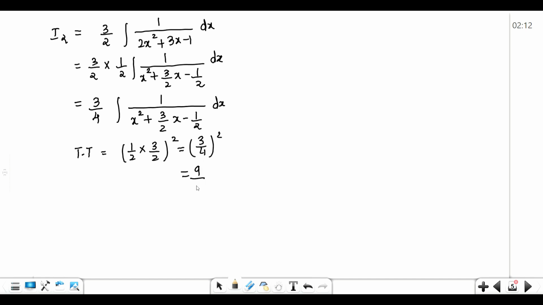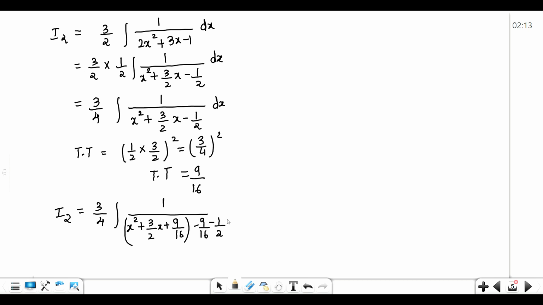So we have got the third term as 9 by 16. So I2 will be 3 by 4 integration x square plus 3 by 2 x. We'll add the third term 9 by 16. Then we will subtract the third term and then we will write minus 1 by 2 that we already had.